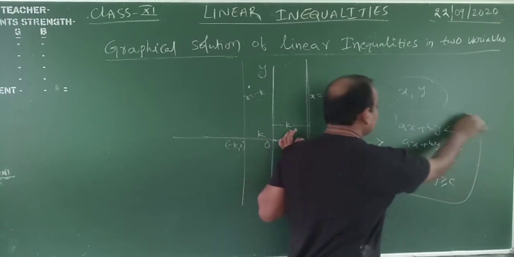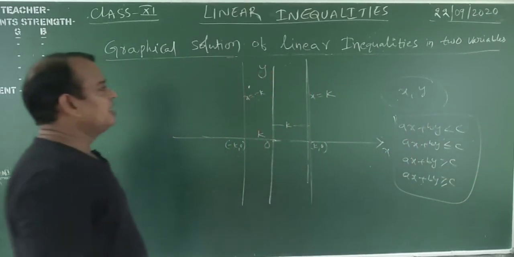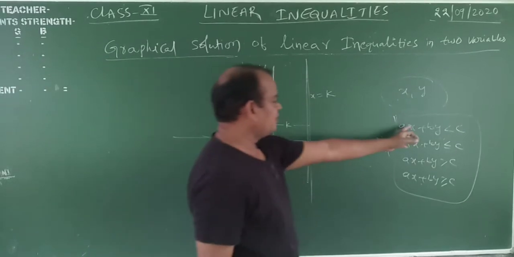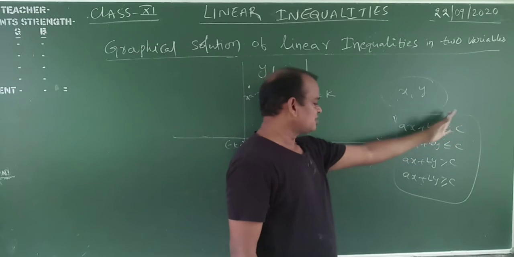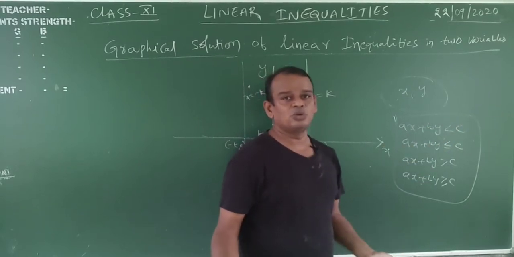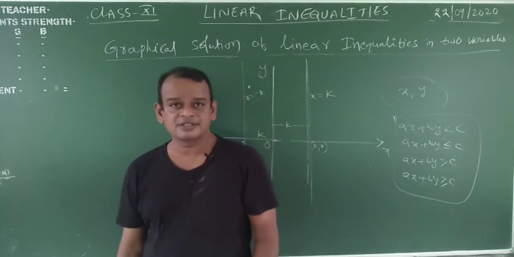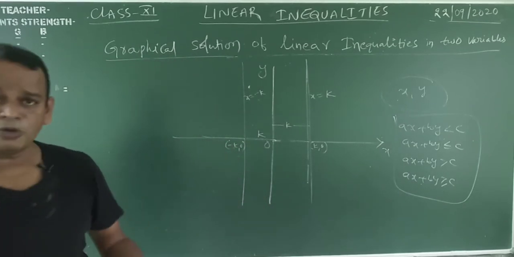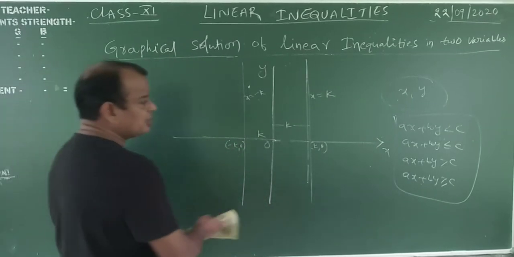These are called linear inequalities in two variables. X and y are the variables, and linear means power 1. Now we can find the solution of those inequalities. How do we find the solution of those inequalities?